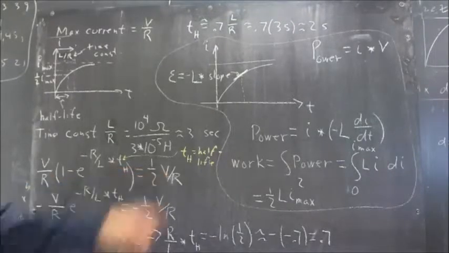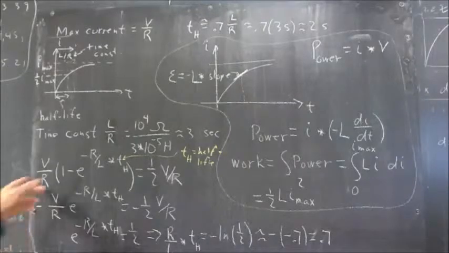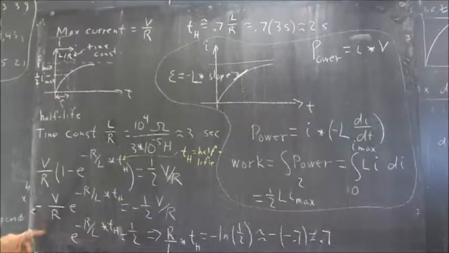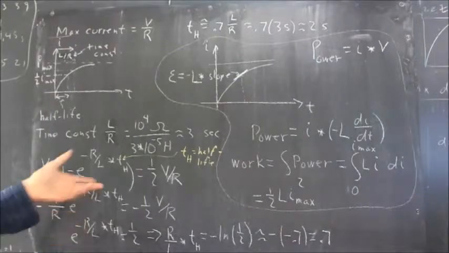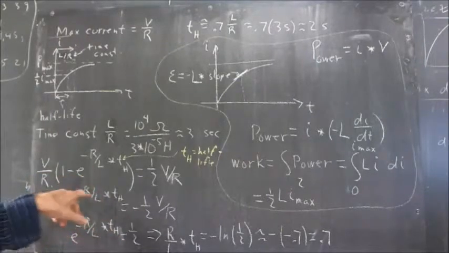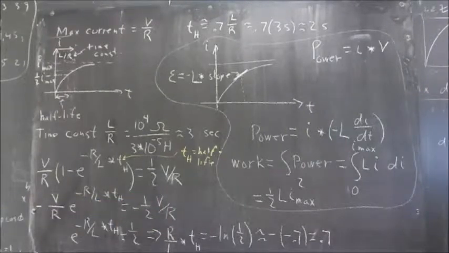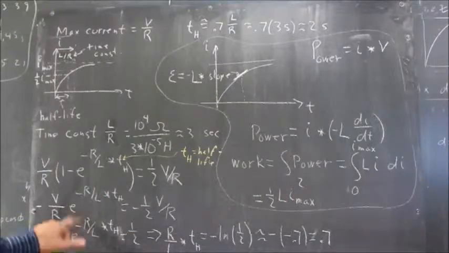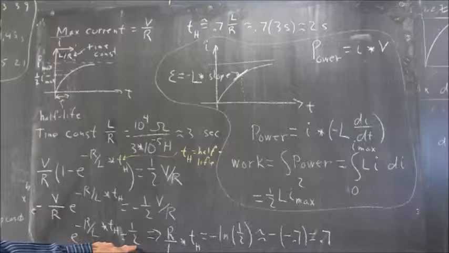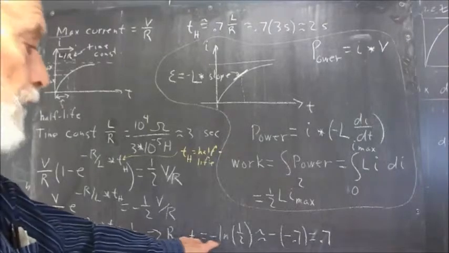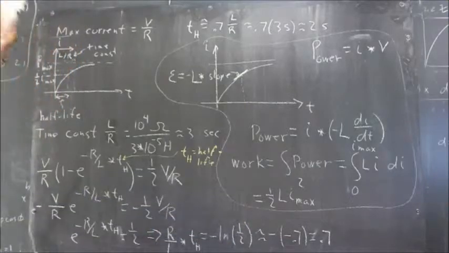And the equation is very, very easily solved. We distribute the V over R, and then we subtract V over R from both sides to get negative V over R e to the negative R over L times TH, and that's equal to 1/2 V over R. And then we simply divide by negative V over R. We get e to the negative R over L times TH is 1/2, which means that negative R over L times TH is the natural log of 1/2.